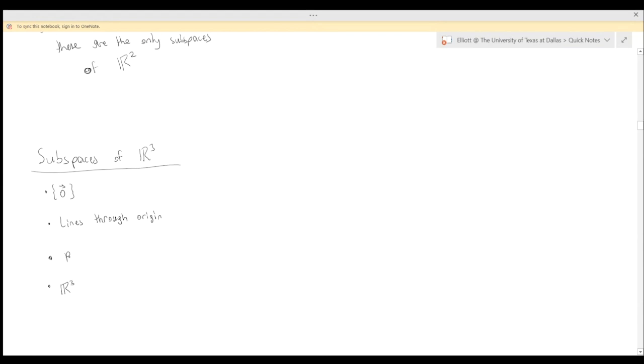Likewise, any plane passing through the origin in R3 will also be a subspace of R3. And it turns out that this is a complete list of all the subspaces in R3. So any other subset of R3 not on this list would not be a subspace.